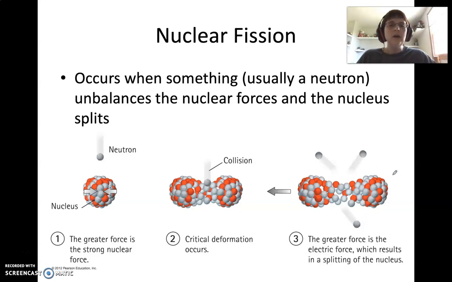And so the greater the force that you get, the more you're going to get of these neutrons coming off. So that's what nuclear fission is. Nuclear fission is just something unbalancing the nuclear forces between those protons and the nucleus splitting. When that happens, you not only get two new nuclei and some neutrons, but you also get some energy.